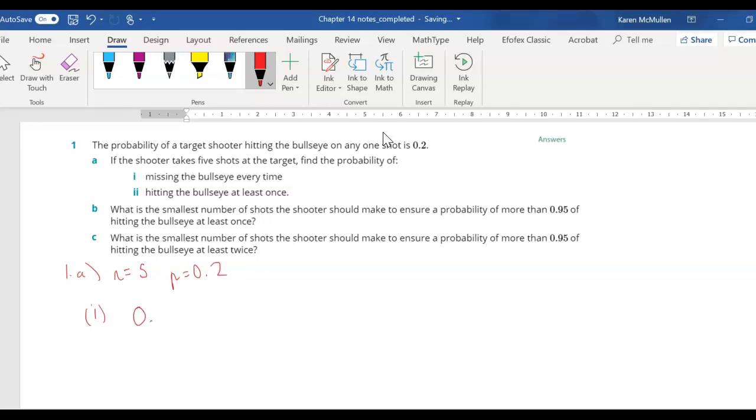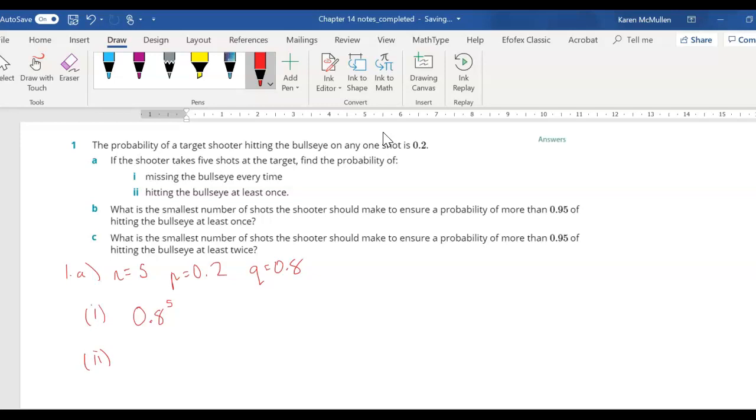This is similar to what we did in the previous video. 0.8 is the probability of failure. Remember, probability of success is 0.2, so they have to add up to 1, so the probability of failure is 0.8. 5 shots, so it's going to be 0.8 to the power of 5. I'll let you do that on your calculator.